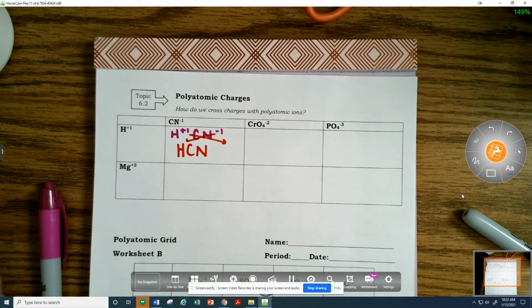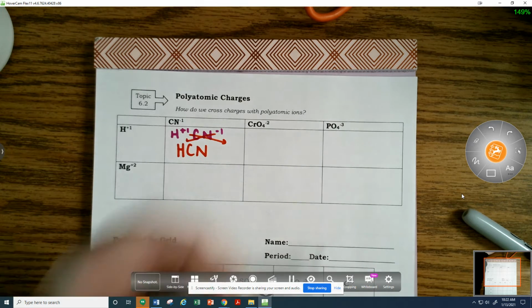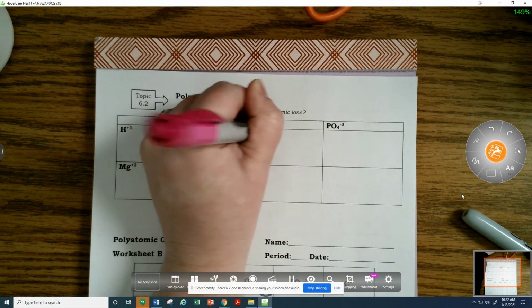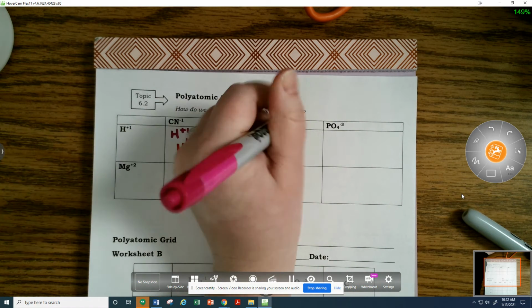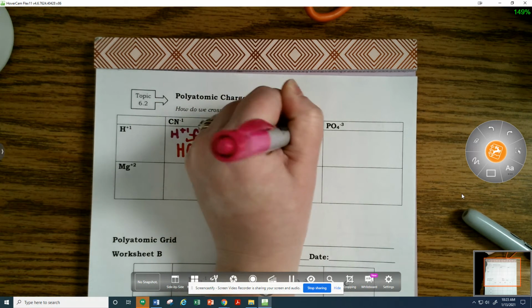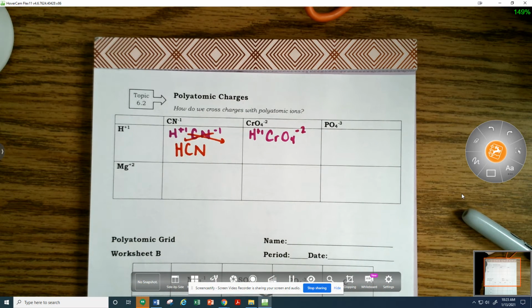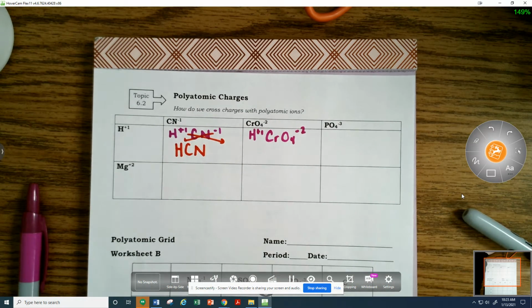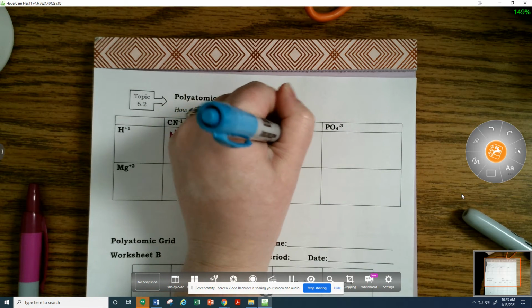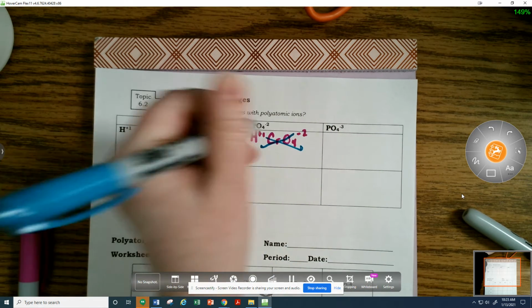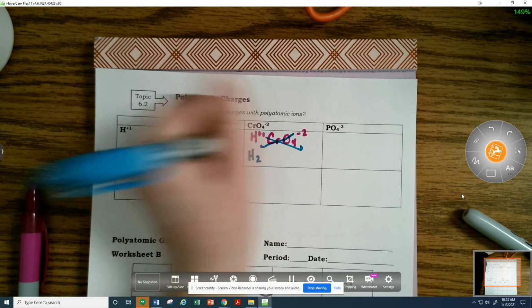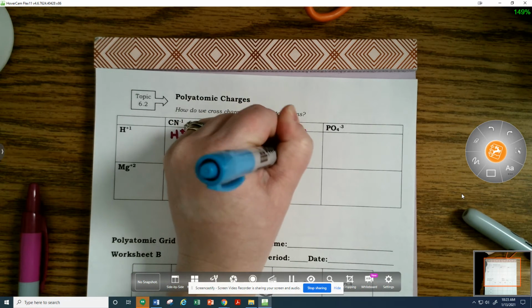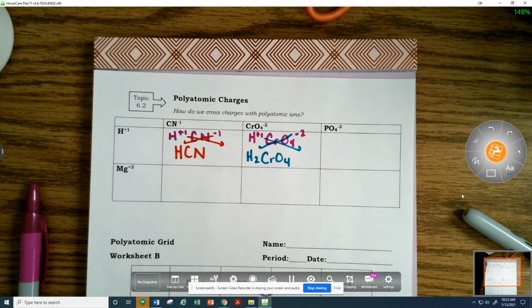Now in the next example, we have hydrogen +1 with chromate. It contains chromium and oxygen, and the overall charge of this ion is -2. Again, where we left off is we cross down. When we cross this down, we bring down a 2 to the hydrogen, and CrO4 just gets the 1.